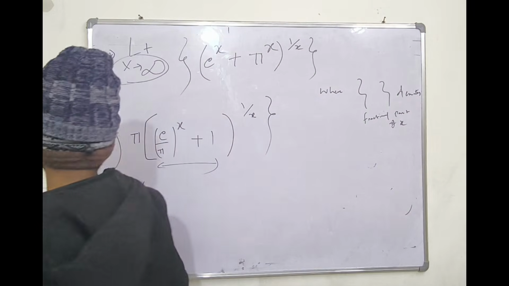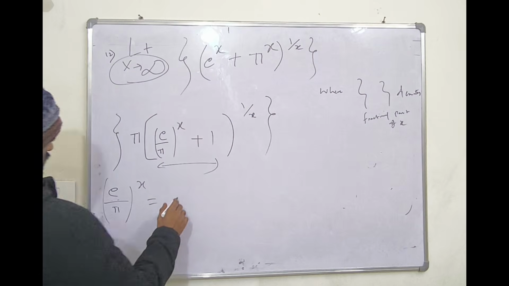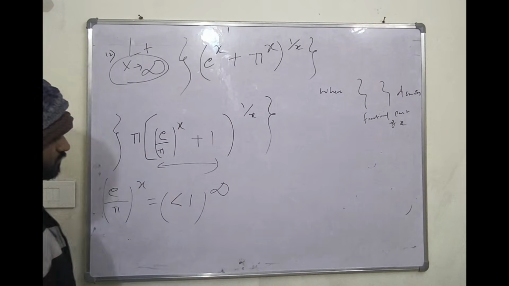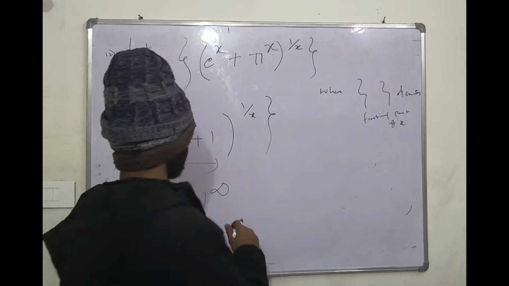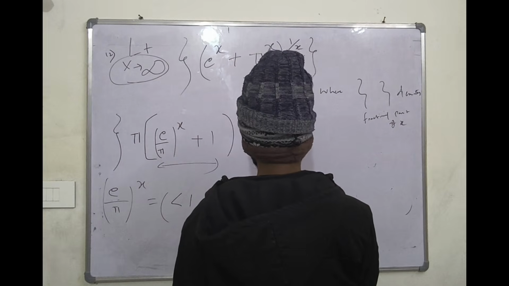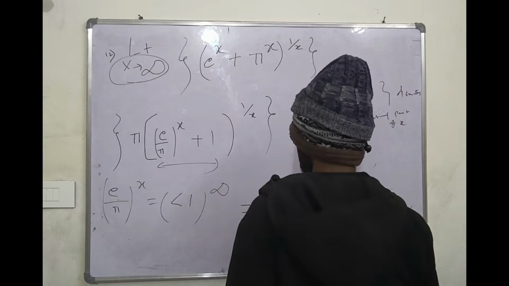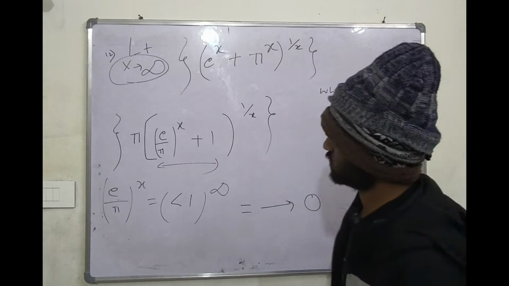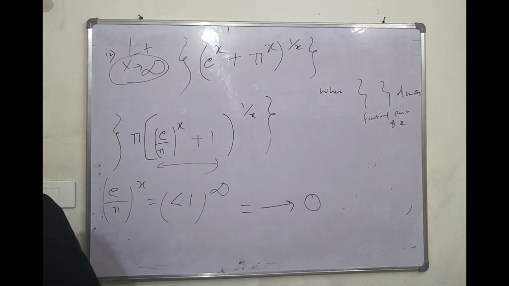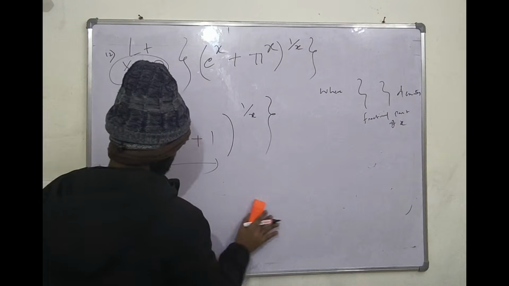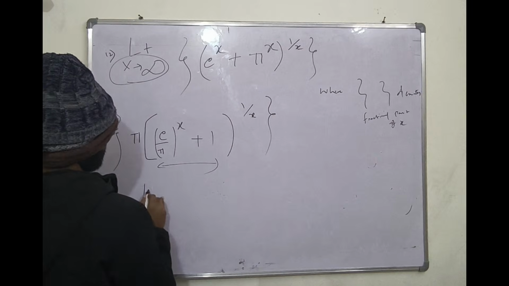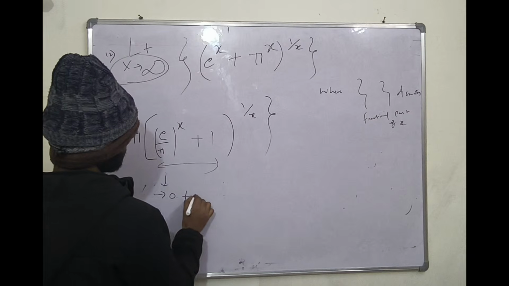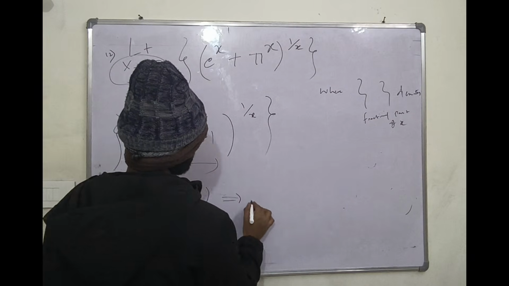So this quantity is less than 1, power infinity. So this value is tending to 0. So 1 plus some value tending to 0 is tending to 1.